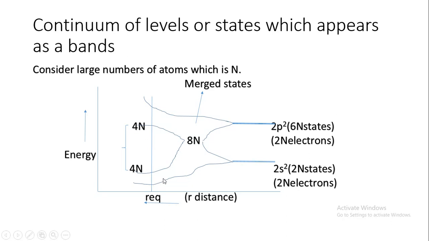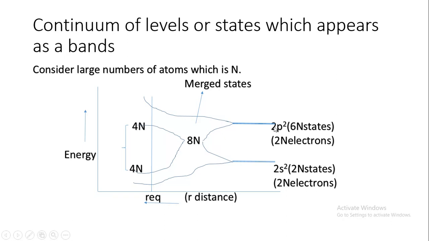So all electrons will be in this band, in the lower energy level. If I define this distance as R equilibrium, two bands will be split and there will be one huge gap, known as the energy band gap.